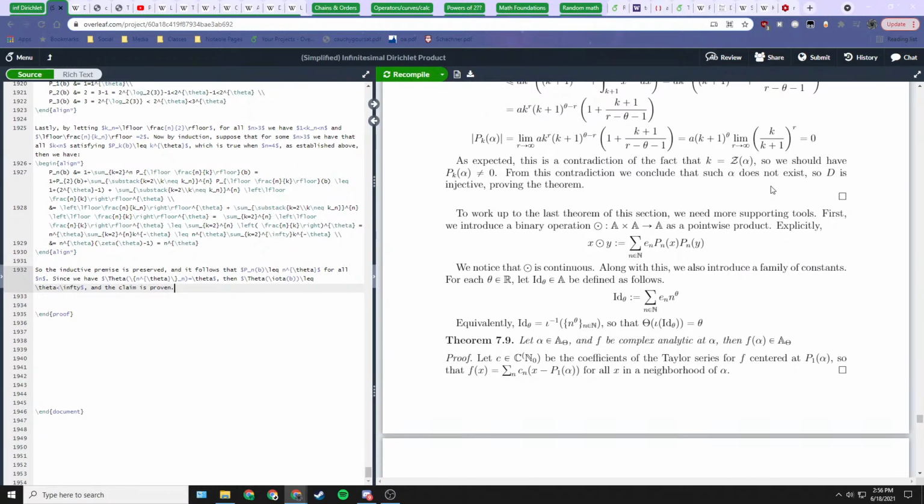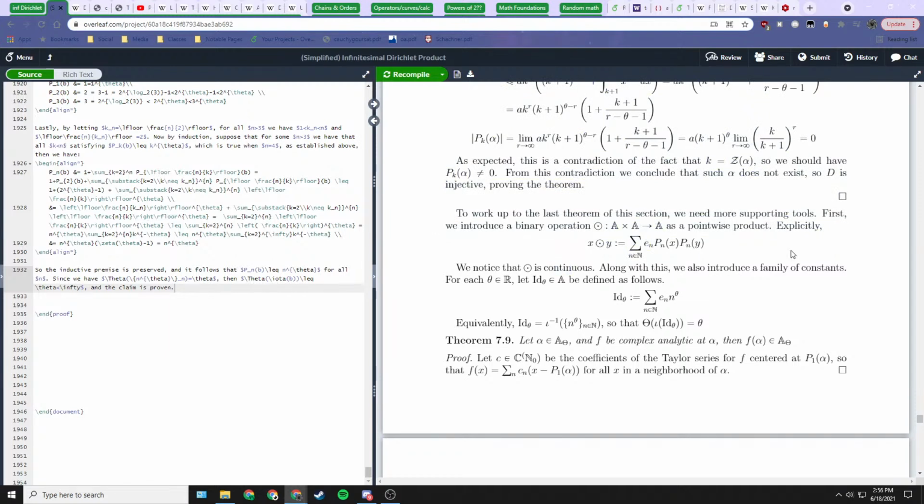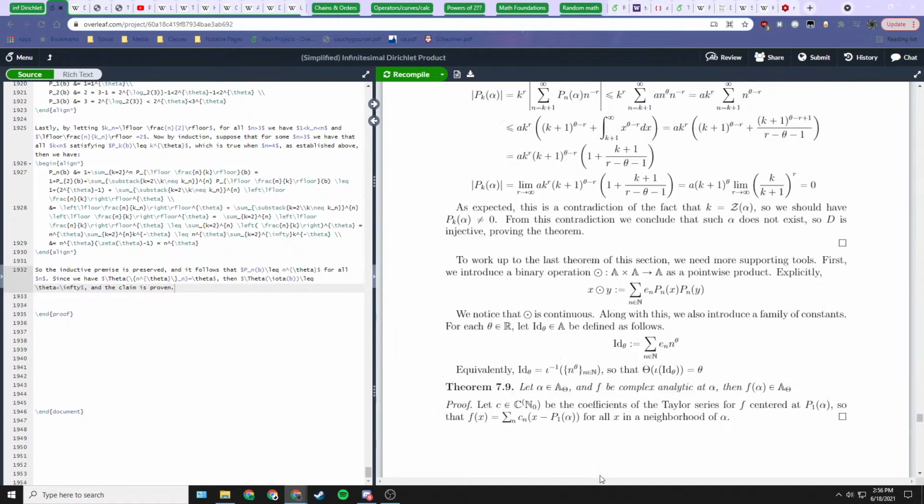Okay, so where are we? Right here. We've defined this binary operation. This operation is continuous. We also introduce a family of constants, id theta, like this. So equivalently, it's just this sequence of theta powers.